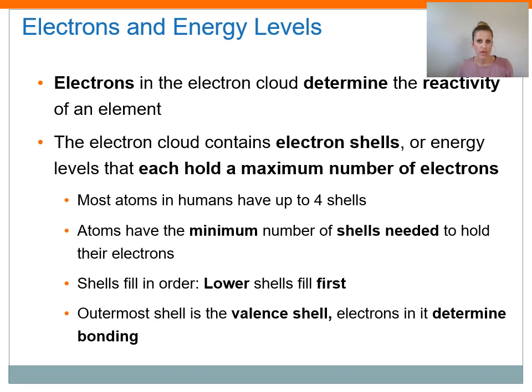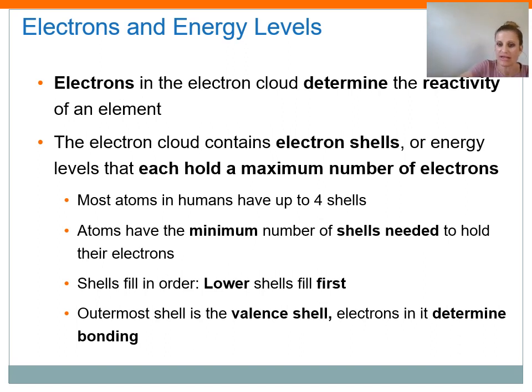If an atom only has 1 shell, that's the valence shell. Because remember, it doesn't have any empty ones, so that's the outer shell. If it has 2 shells, then the second shell is the valence shell. If it has 4 shells, then the 4th shell is the valence shell. Okay, so the outermost shell is the valence shell, and the electrons that are present in that outermost shell determine what the atom is going to do, if it's going to bond with another atom or not.